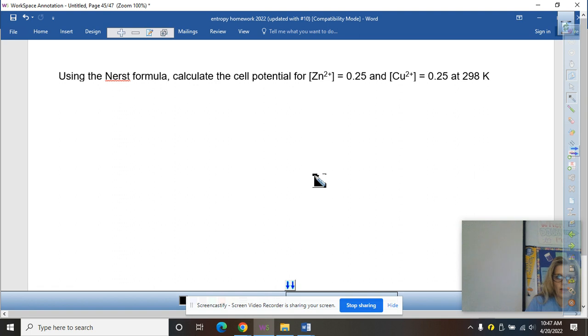So for instance, if you had your battery, and you have a strip of zinc metal and a strip of copper metal, we wrote out our half reactions for this battery.